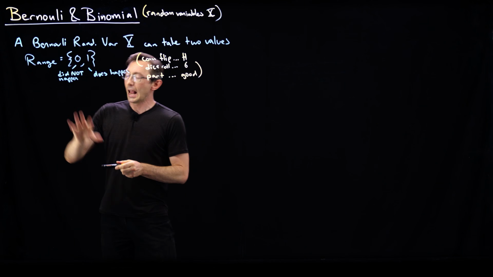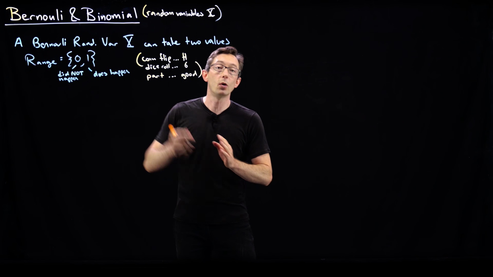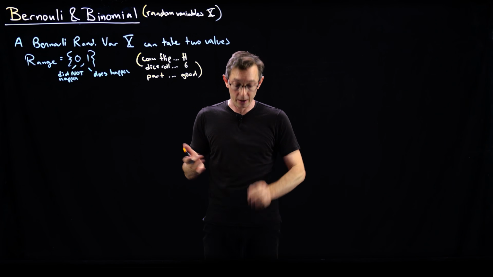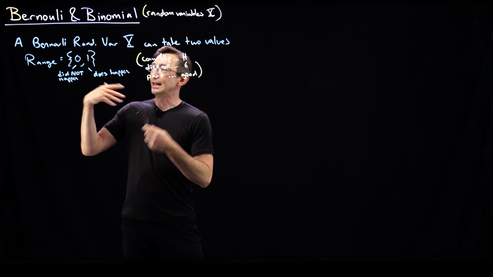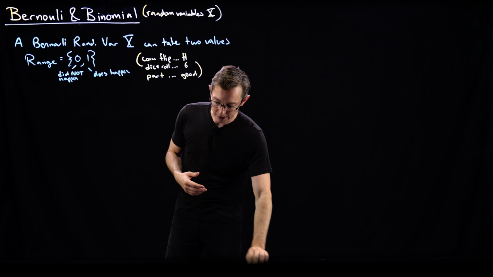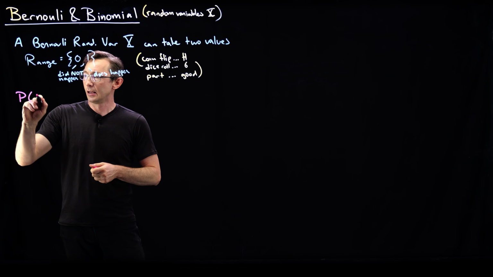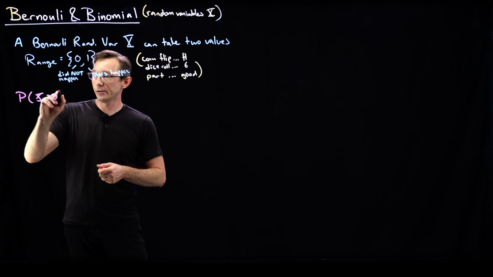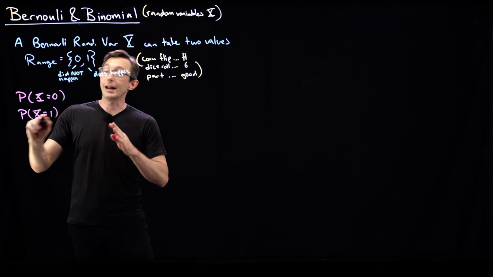Okay, and when I'm dealing with coin flips, the probability of 0 and 1 are equal. Each one is equally likely if I have a fair, unweighted coin. But in general, my probability of X equaling 0 and my probability of X equaling 1 do not have to be equal.